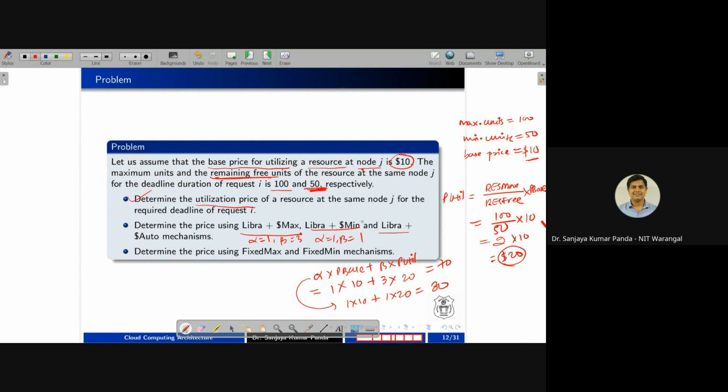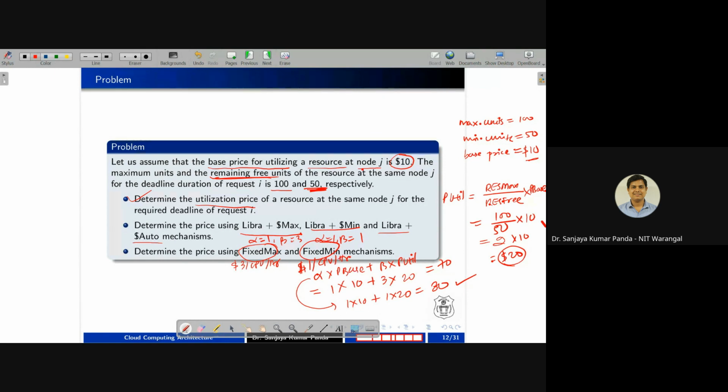And Libra plus dollar auto follows the same mode as Libra plus dollar minimum, so you will get 30 there too. Okay, so in this way you can calculate. But when you go for the fixed max and fixed min schemes, fixed max says that you have to pay $3 per CPU per hour. In the fixed min case, you pay $1 per CPU per hour.